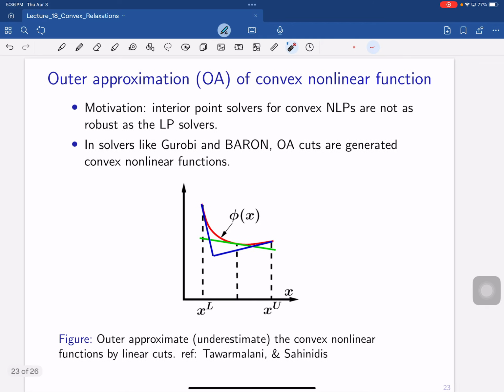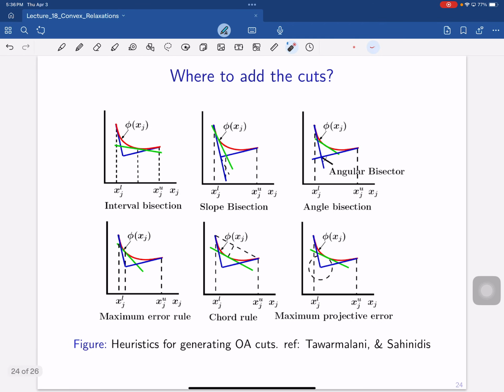So in the solver by Professor Tawarmalani and Professor Nick Sahinidis, this was developed when Professor Mohit Tawarmalani was a PhD student, and then they proposed different ways of choosing the outer approximation cuts. Okay, so I'm not going to the details of these rules. For example, here, if you have an interval, you could always choose the middle point of this interval and add this OA cut.